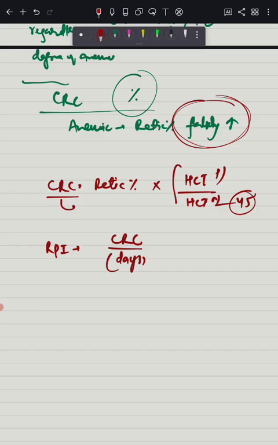So ARC is decreased in aplastic anemia, where there is marrow failure, and CRC is increased in hemolytic anemia or blood loss. RPI less than 3 means good response, and RPI less than 2 means inadequate marrow response.